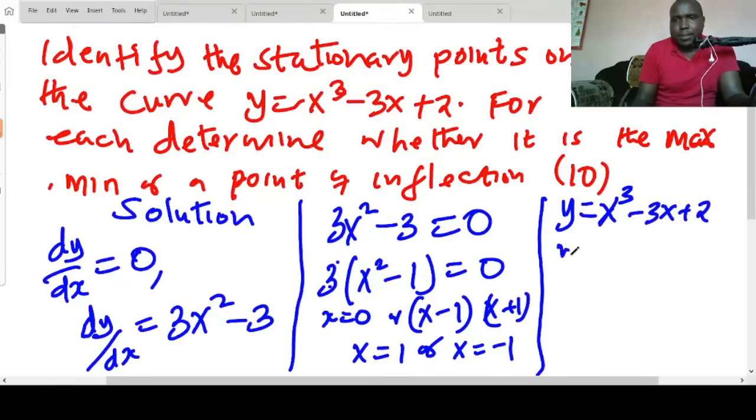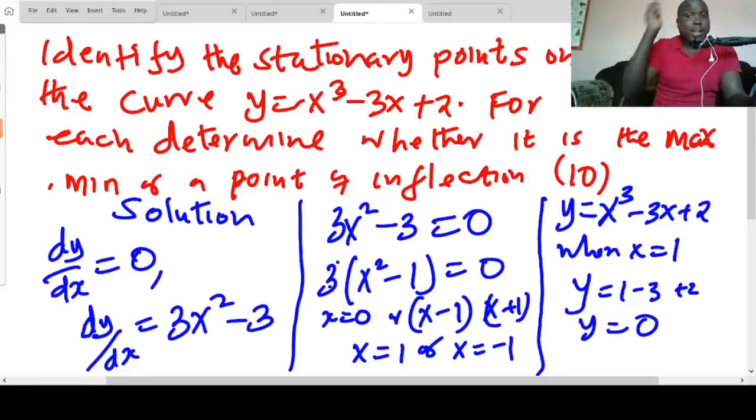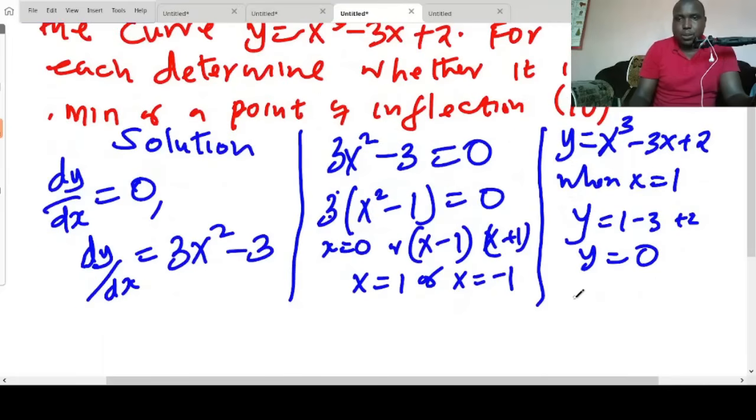So when x is equal to 1, what will be y? Substitute here. We are going to have 1 minus 3 plus 2. And that one is minus 2, so y is going to be 0 there. When x is 1, y is going to be 0. So the stationary point there will be (1, 0). That is the first stationary point.